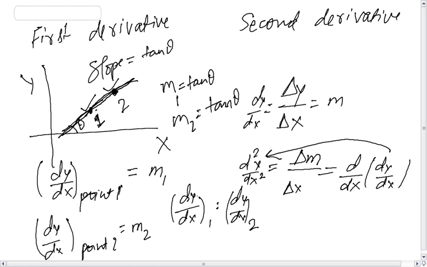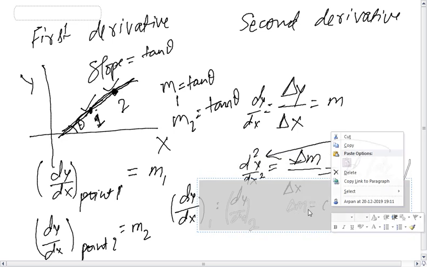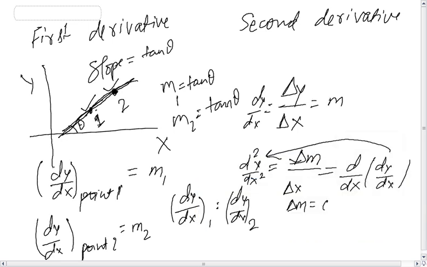So if you see in this case at point 1 and point 2, m1 and m2 are the same, so delta m will be 0. If delta m is 0, then d2y by dx2, which is the second derivative, will also be 0.